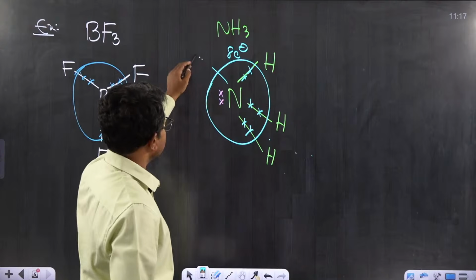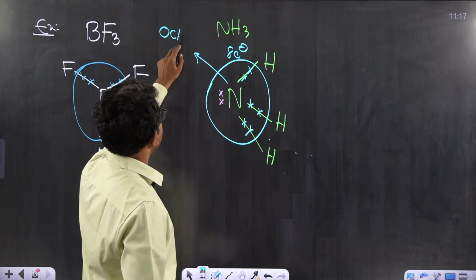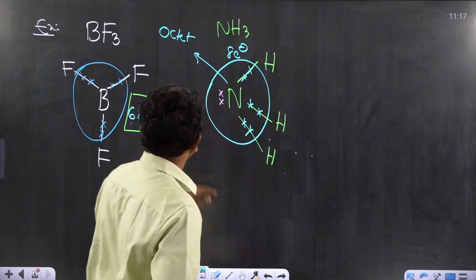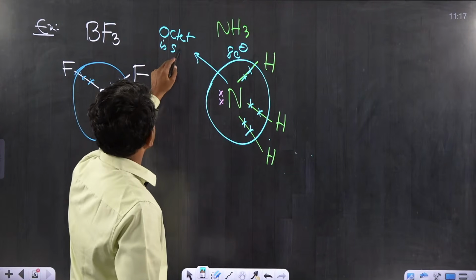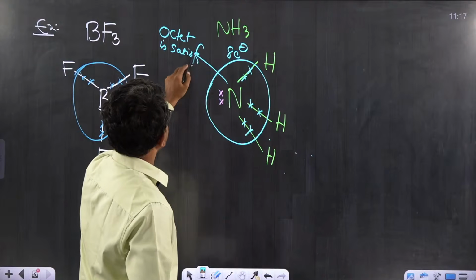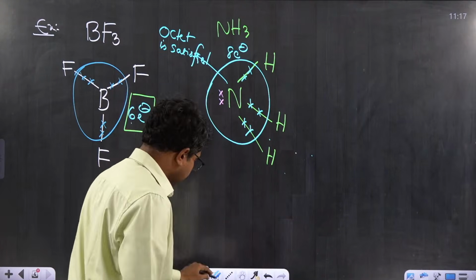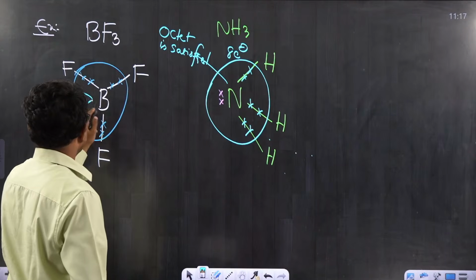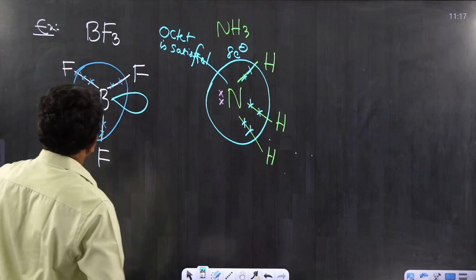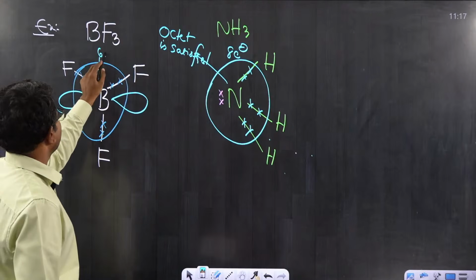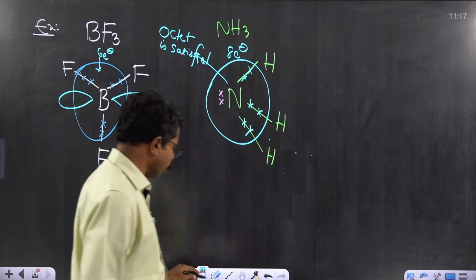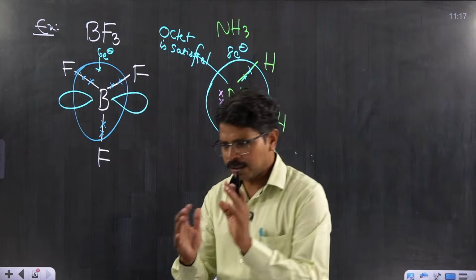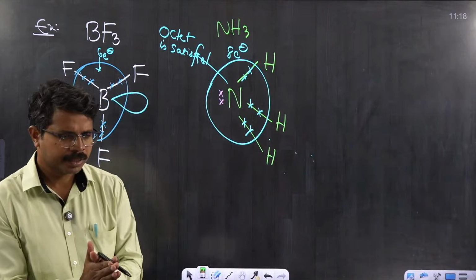Nitrogen has octet; octet is satisfied. But in case of boron, octet is still not satisfied, since boron is having only 6 electrons in the valence shell in BF3.